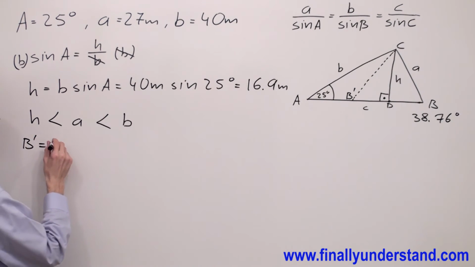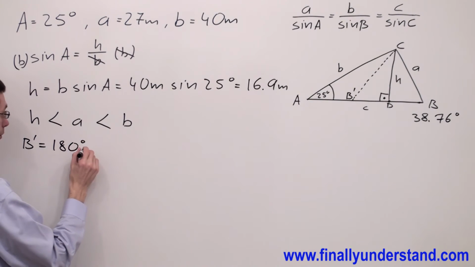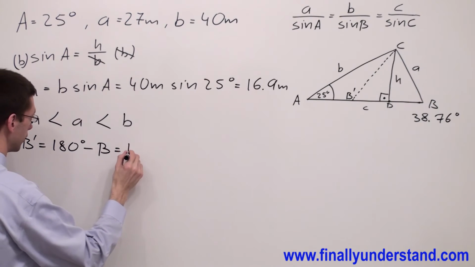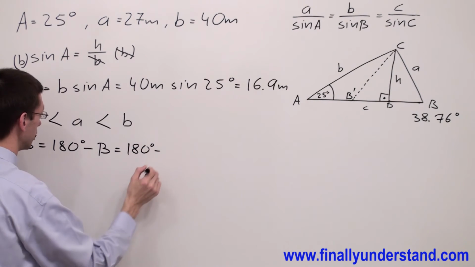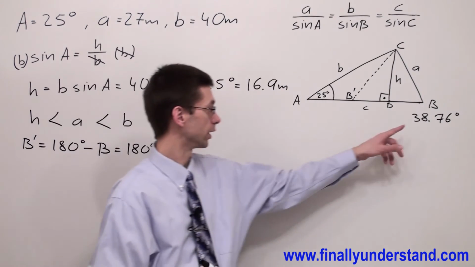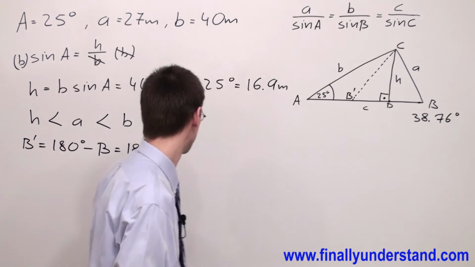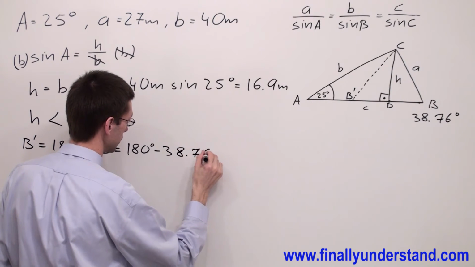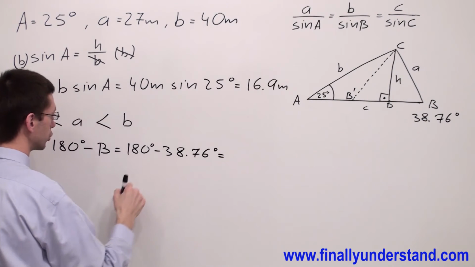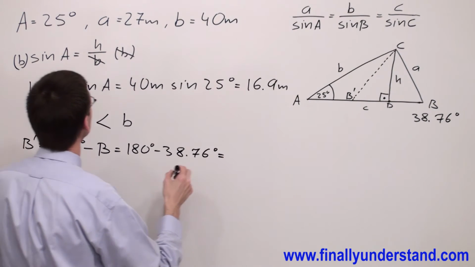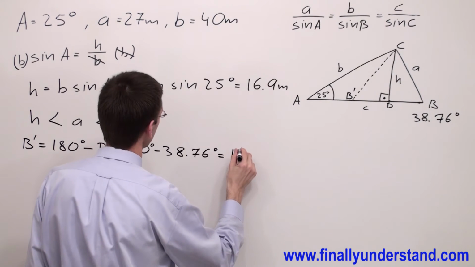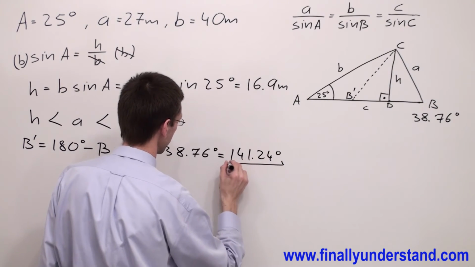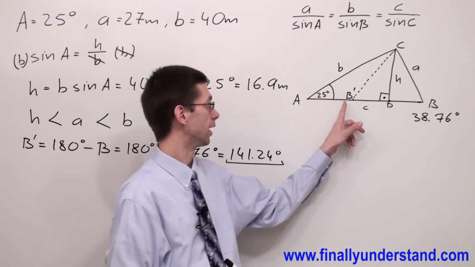B prime is equal to 180 degrees minus angle B. So I have 180 degrees minus 38.76 degrees, which we calculated just a moment ago. 180 minus 38.76 is equal to 141.24 degrees. This is my angle B prime.